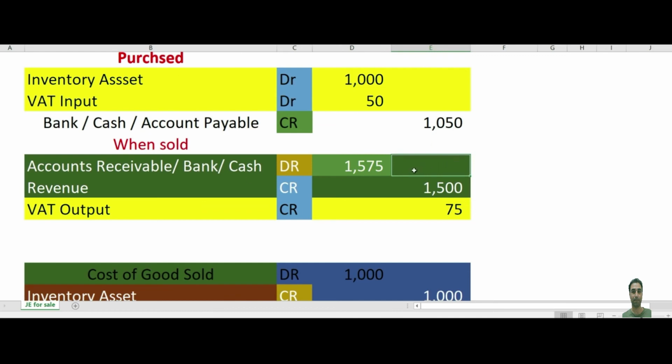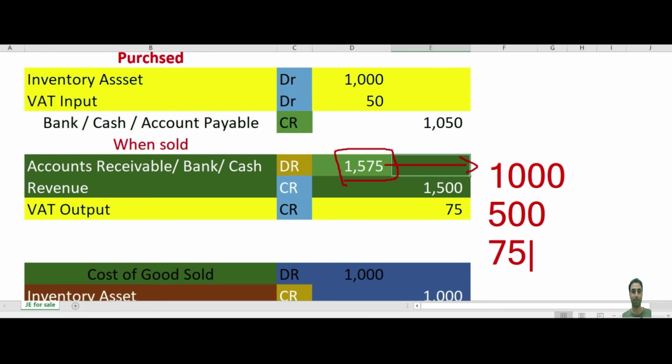Okay, if you see over here, the cash that you have received, 1575, this has 1000, then 500, and then 75. This is a mixture of three kinds of amounts. Okay, that is why I told you it is a bit of a deep dig.